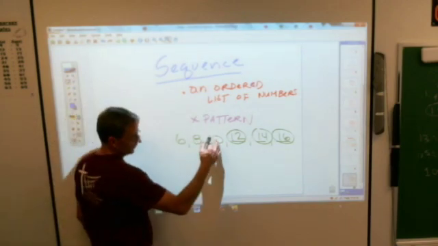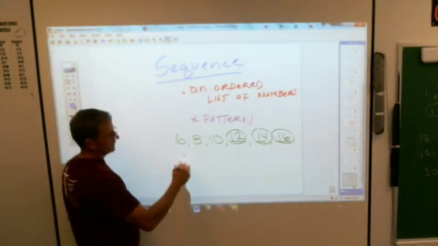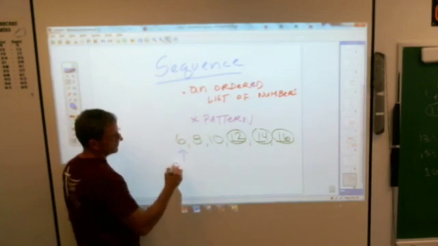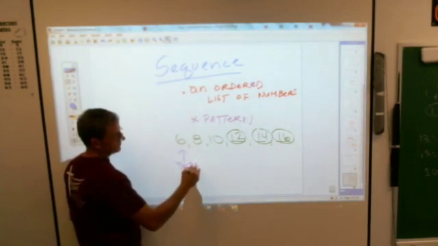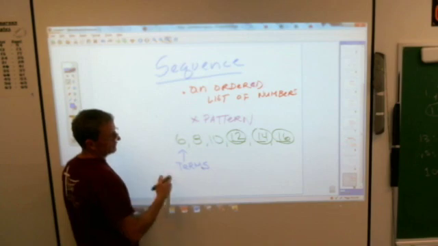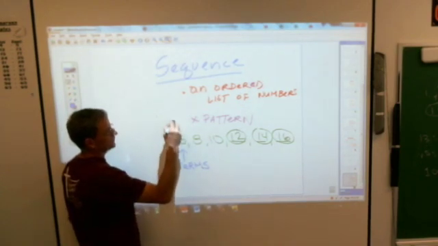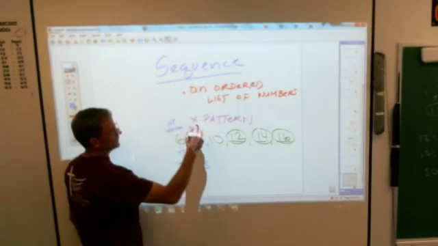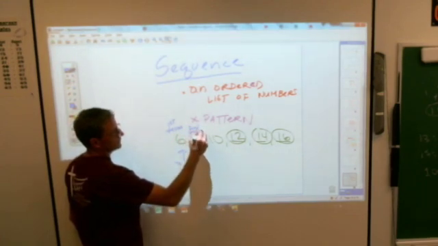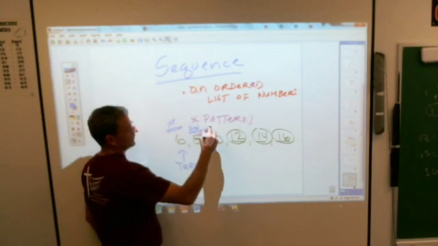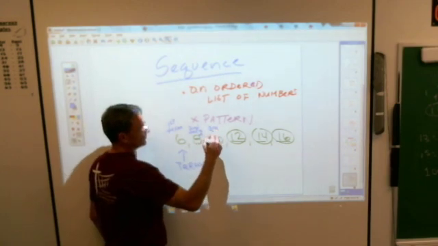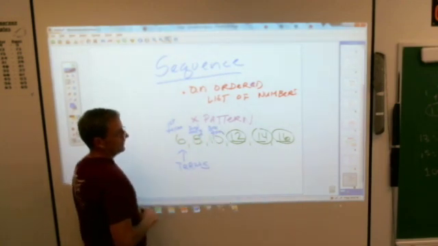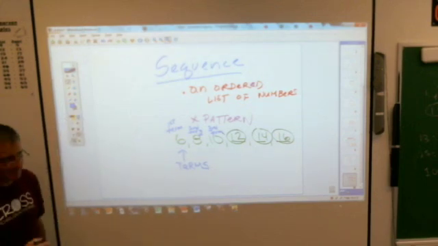Now, the other thing you need to know here is this. When you have a sequence or a pattern like this, these things are called terms. This 6 is the first term. The 8 would be the second term. The 10 would be the third, and I'm not going to put them all up there, but you kind of get the deal.